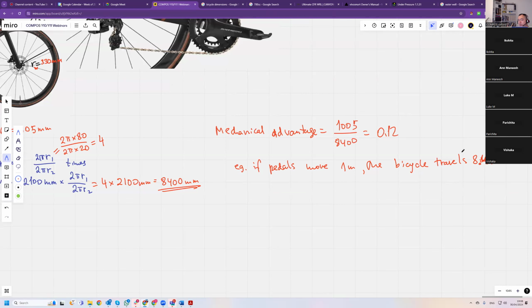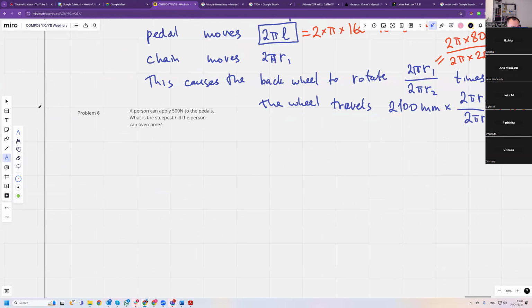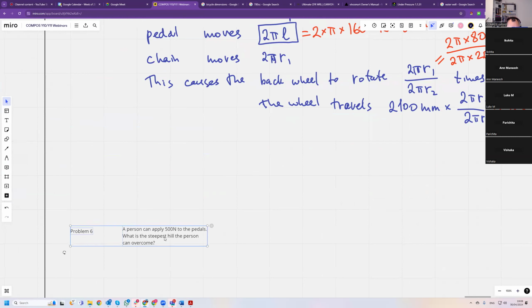It's quite a significant win. So you move the pedals 1 meter and it moves 8 meters. And then a person can apply 500 newtons to the pedals. What is the steepest hill the person can overcome?